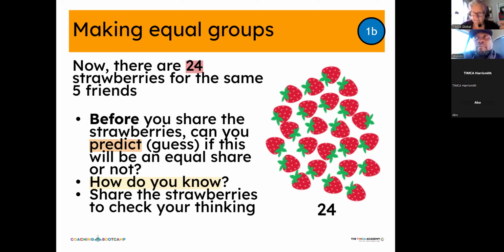Share the strawberries, check your thinking. Okay. So it's important that everybody gets an equal amount, and that sometimes there's a bit left over, and then we have to decide what to do with that bit. But when we've got things that are equal, then we can work out how many there are, and then we've got some extra bits that we can do something with.